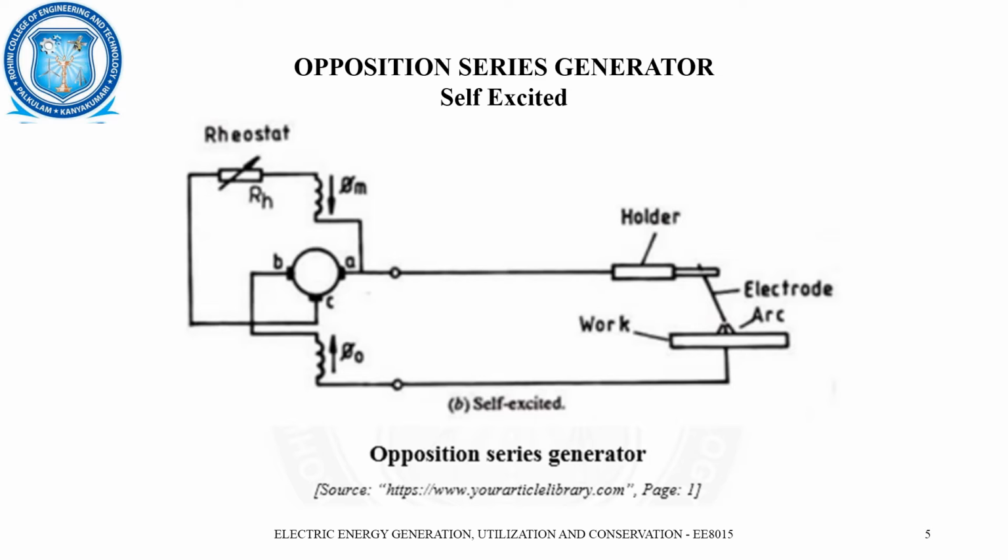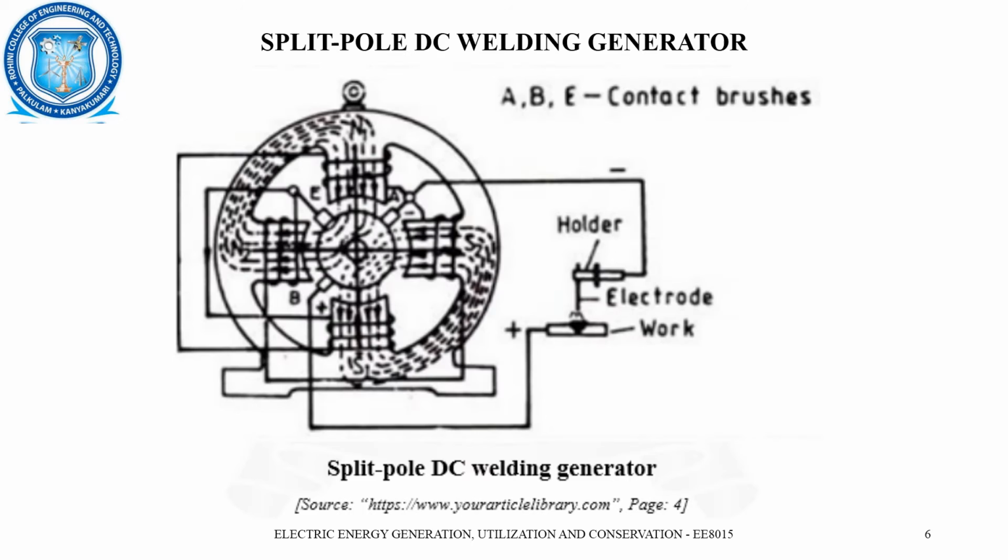Thus, the series winding helps in achieving the droop voltage ampere characteristic of the power source. Most of the generators for manual and automatic welding like SMAW and submerged arc welding are of the series opposition type normally. Next one is a split pole DC welding generator.